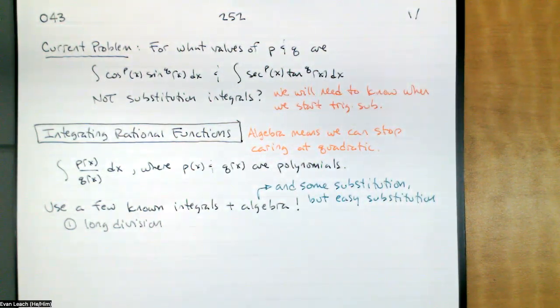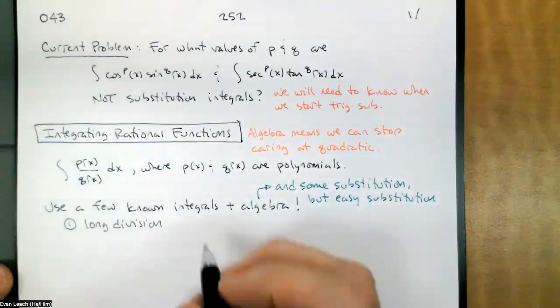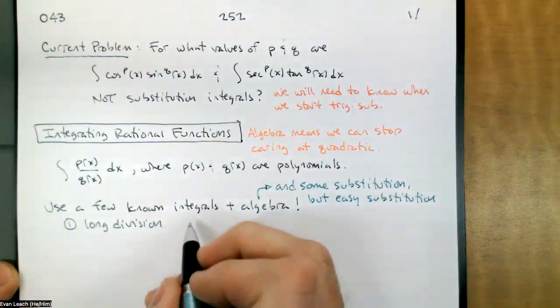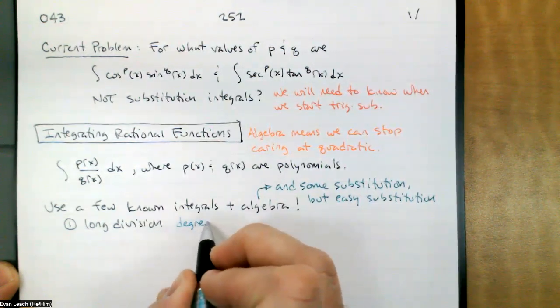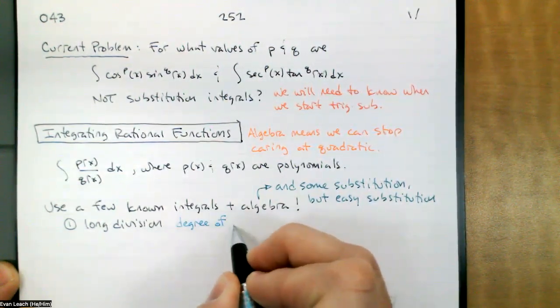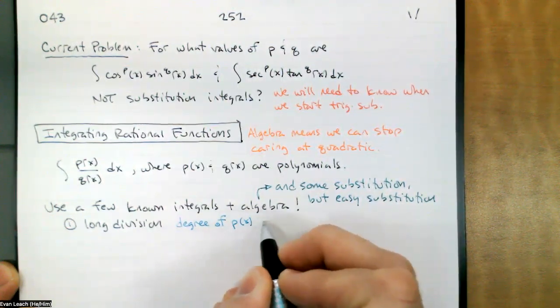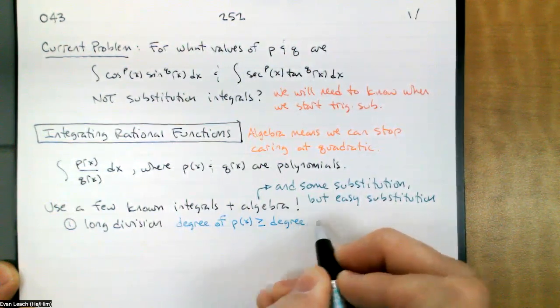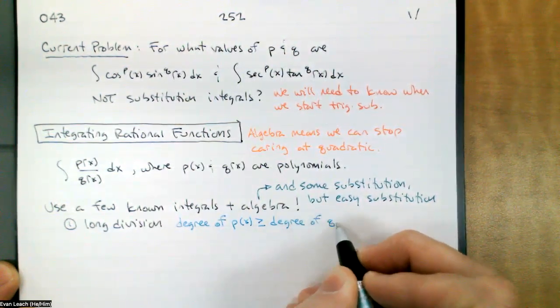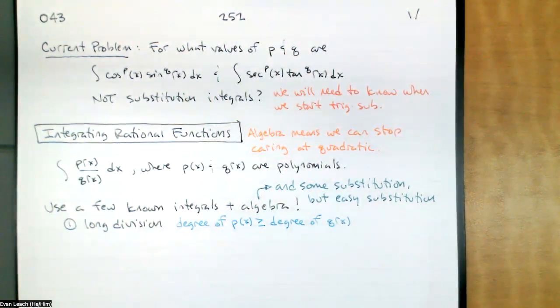Long division is what we use when the degree of p of x is greater than, or greater than or equal to, the degree of q of x. This is that improper fraction thing.